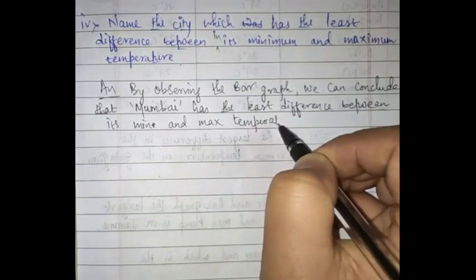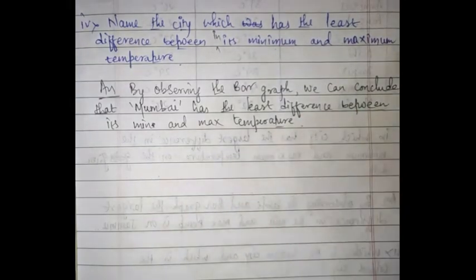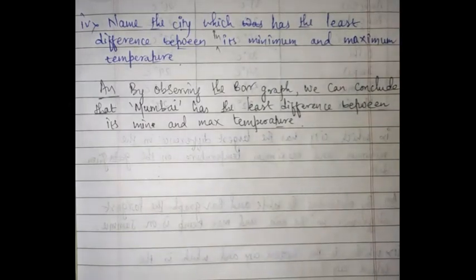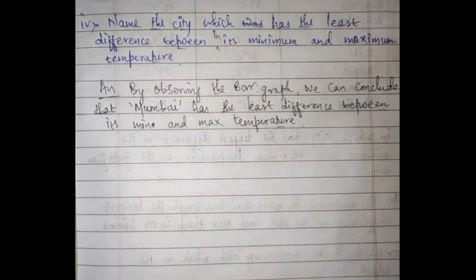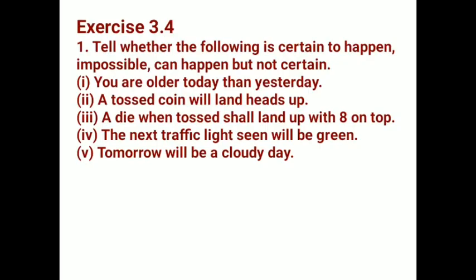Alright student, I hope you have understood this. So with this we are over with exercise 3.3. Now let us proceed solving exercise 3.4. Okay. So student, here we have the first question from exercise 3.4.